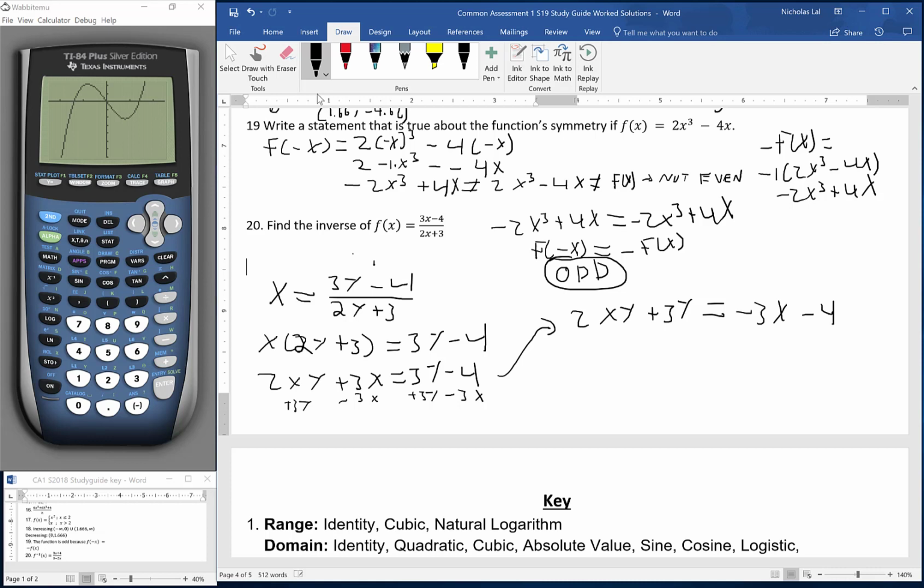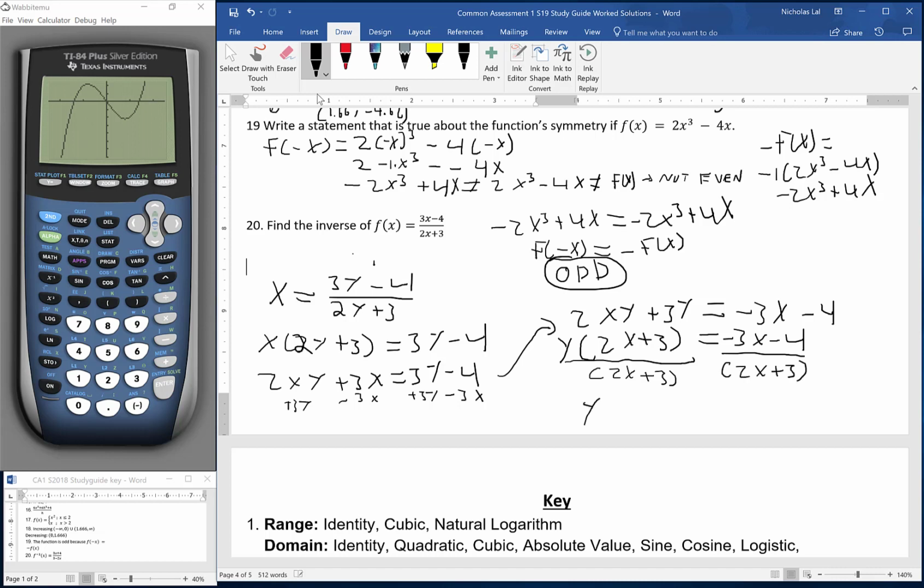My second last step is I factor out a y. So when I factor out a y, I'm left over with 2x minus 3. That's equal to negative 3x minus 4. And I divide each side by 2x minus 3.